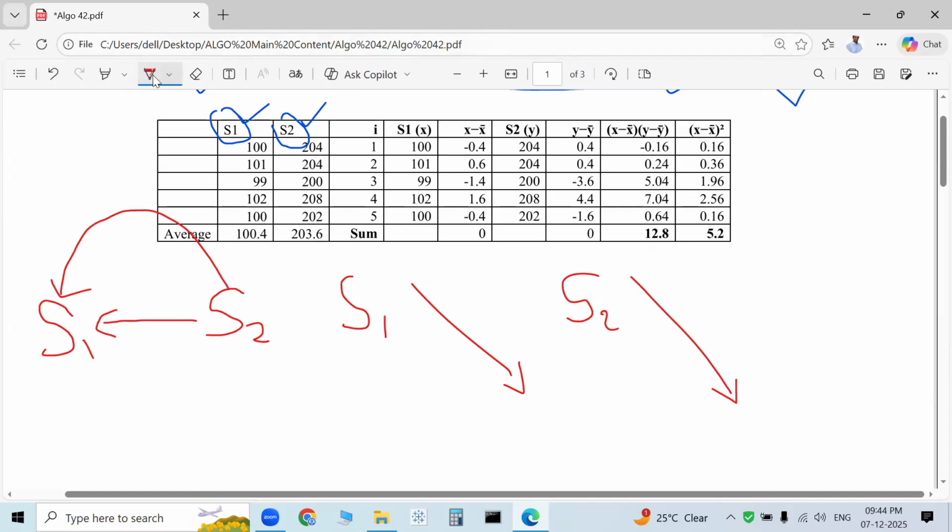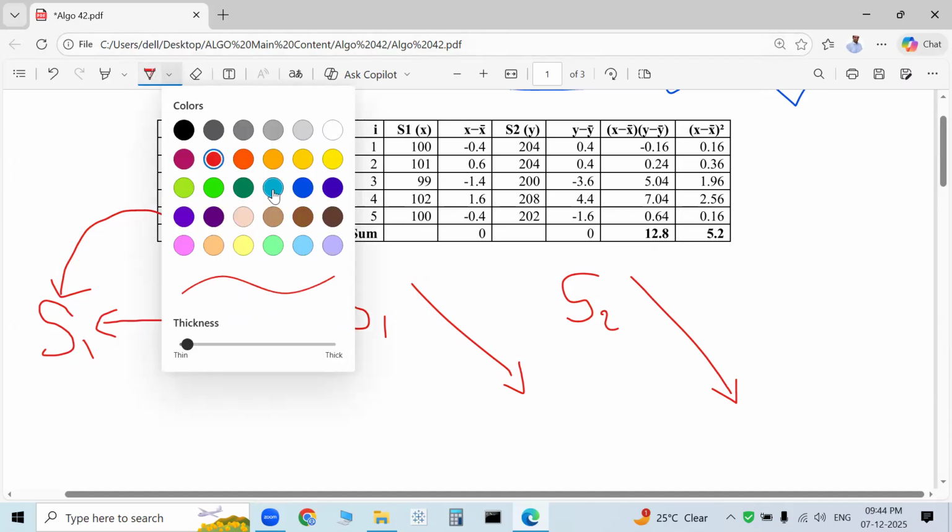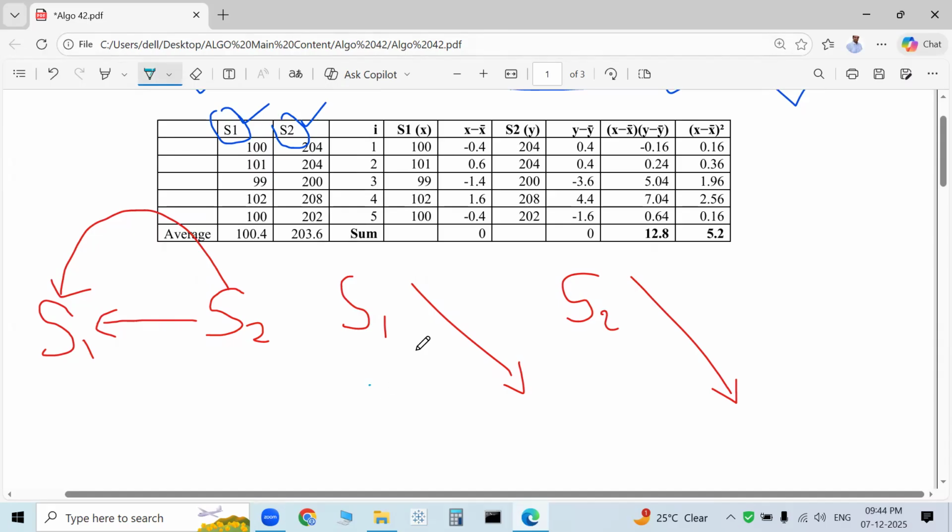If S1 goes upside, then S2 also follows and goes upside. So we just need to find out a simple piece of mathematics, the spread between both of them. Here the spread is 0. Both are on the same level, or we can say there is no movement in both stocks.